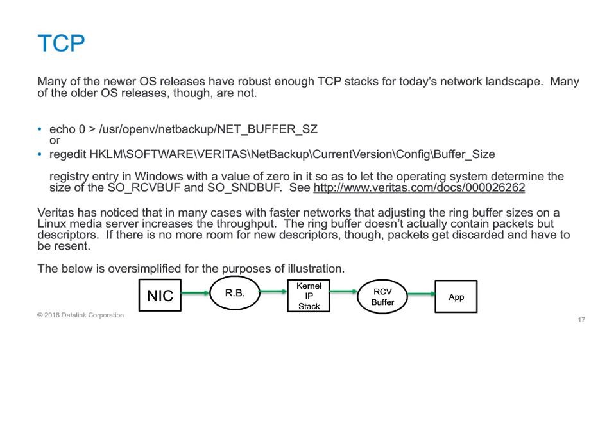But these days, with the TCP stacks being as robust as they are, letting them do their job is a best practice versus having NetBackup try to tell it. And to do that, the best thing to do is to put a 0 in the NET_BUFFER_SZ file if you're on a Linux or Unix server, or to edit the registry buffer size, as you can see there. The TechNote link that you see on the screen, we'll talk more about it, and that's from VERITAS. It goes into a lot more depth.